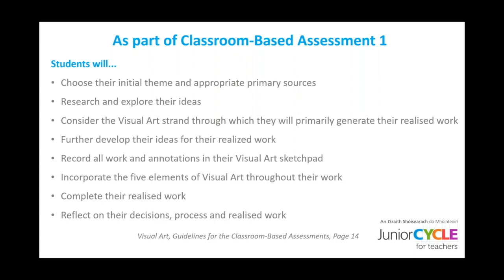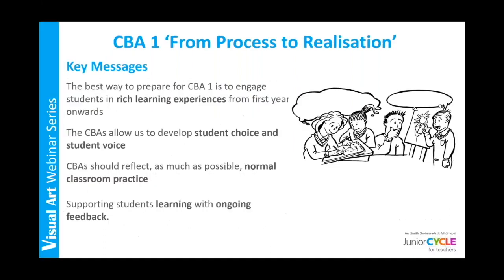They could record all work and annotations in their visual art sketchpad. They will be incorporating the 5 elements of visual art throughout their work. They will complete their realised work, and throughout they will reflect on their decisions, processes and realised work.